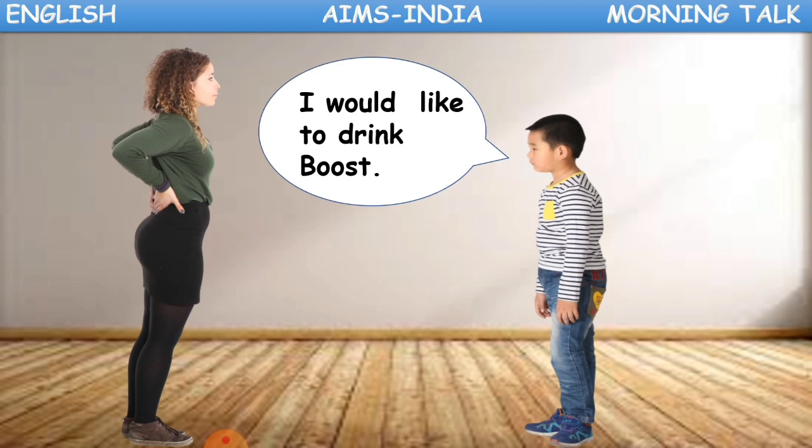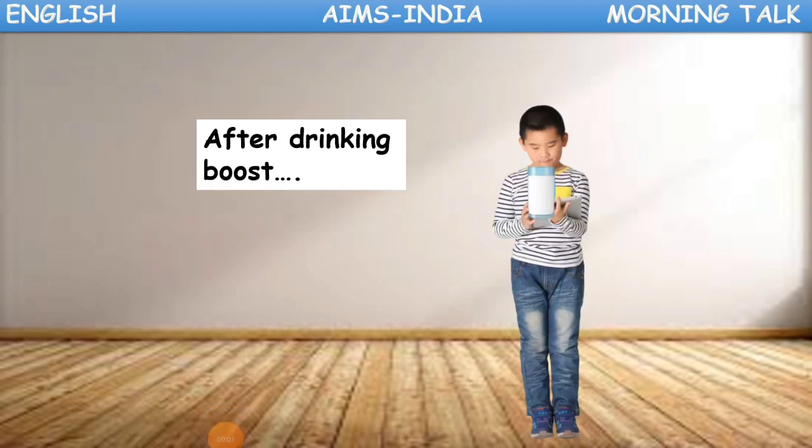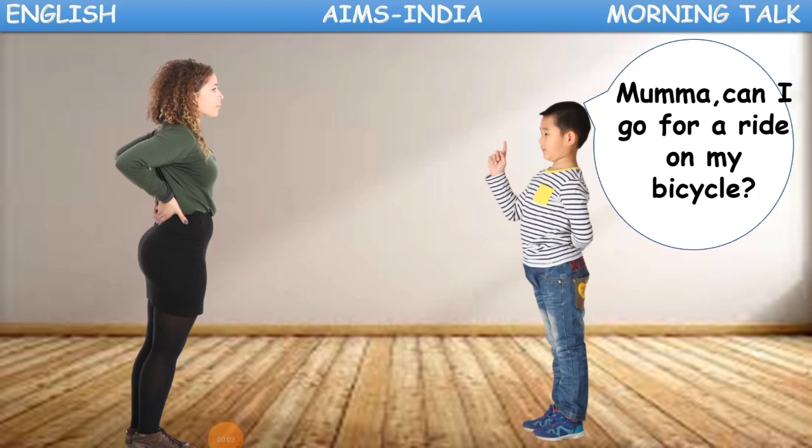Okay, children. Clear? After drinking Boost, James asked his mother, Mama, can I go for a ride on my bicycle? Even you, after drinking milk and completing your work, want to play for some time, in different ways.